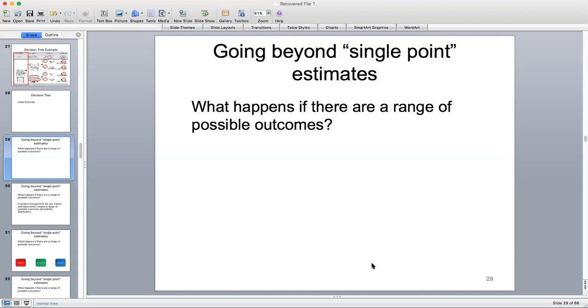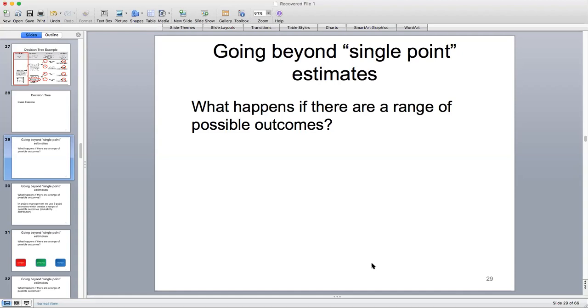So that is all good, but we have to understand that using decision trees in the way that's presented to us, for example, in the PMBOK, uses single point estimates. In other words, if we have an outcome that has a price that we pay, that's a single point. We estimate what that price would be. If we have an outcome that has a potential cost impact, such as a risk or a risk response has a certain cost impact, the cost is going to be a single estimate.